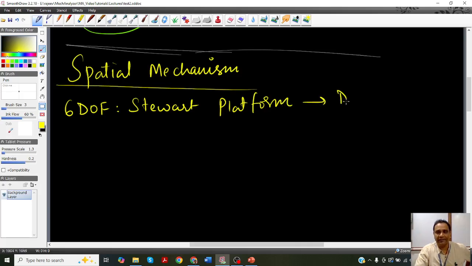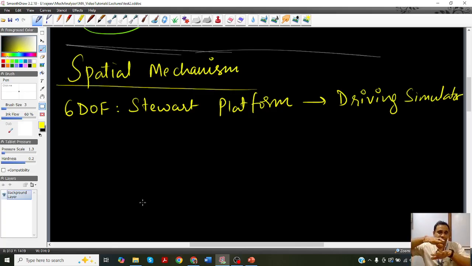This is used for driving simulators, truck driving simulator, helicopter or aircraft driving simulator. So there will be a cabin that will be kept and you achieve all 6 motions using this platform. So typically it looks like this.